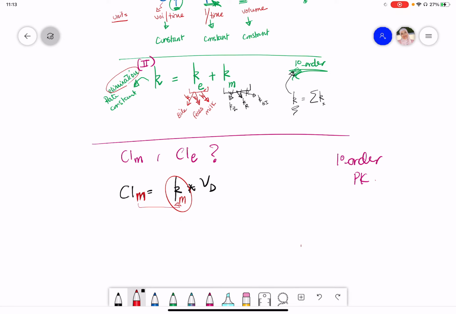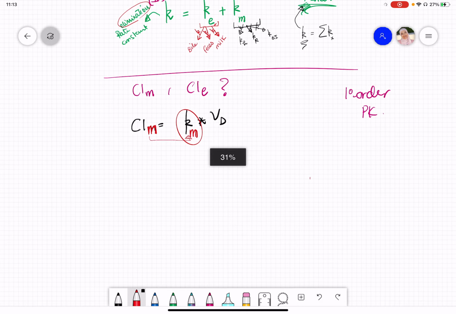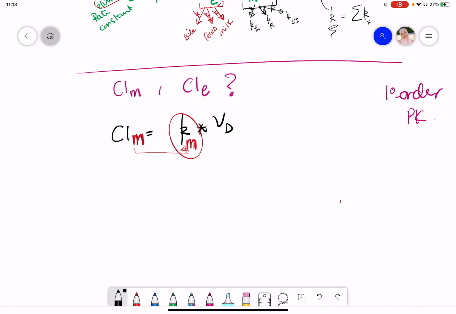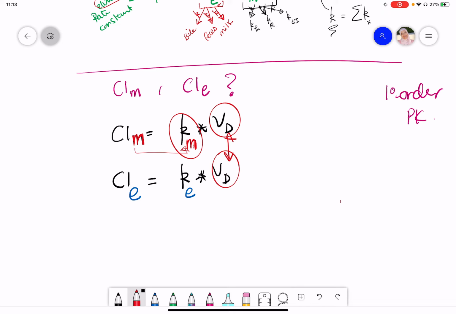So if this is metabolic, then this would be metabolic. If we want to determine the excretion clearance, this would again be the rate constant multiplied by VD, but as this is excretion clearance, this would be the excretion rate constant. Okay, and for sure, the volume of distribution is constant in the model that we are dealing with, right?